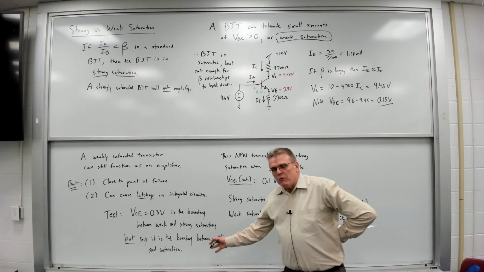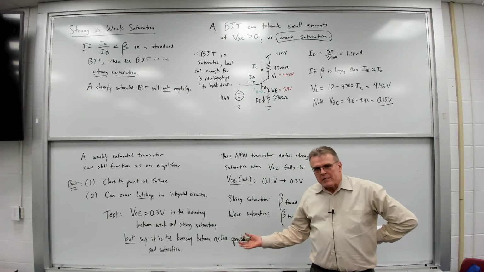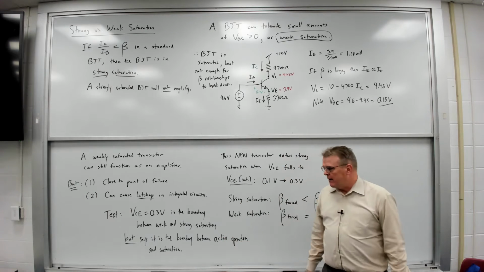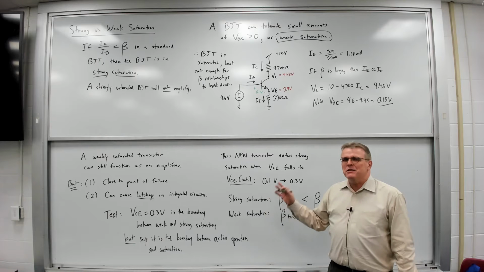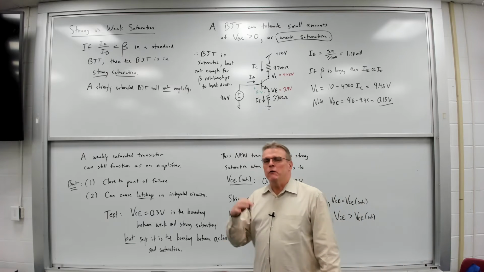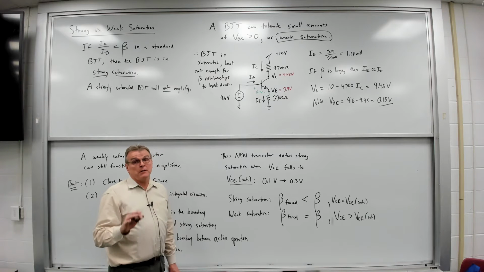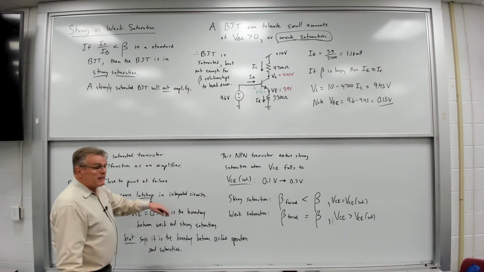Now, the reason why the book says that weak saturation is active is because, as I said, it still acts like an amplifying device. But really, saturation is saturation. If you are forward biasing the base collector junction, you are strictly speaking in saturation. But the book doesn't make that distinction.